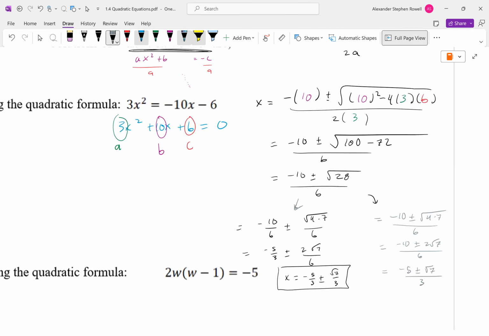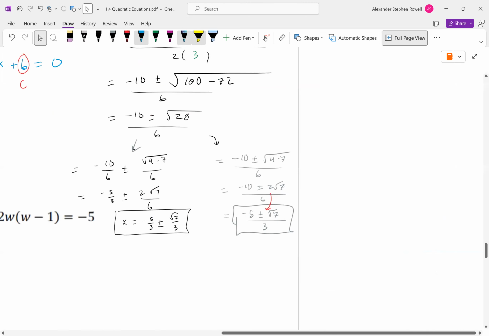The most common mistake being, a lot of people just leave the 2 out in front of the square root. So just be very careful that you're canceling a factor of the numerator, because when we're canceling, we're dividing.